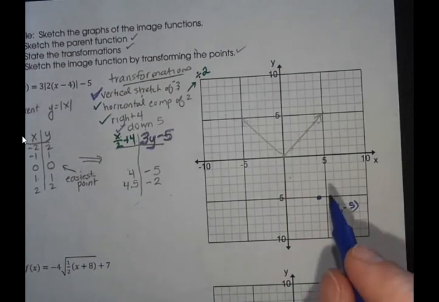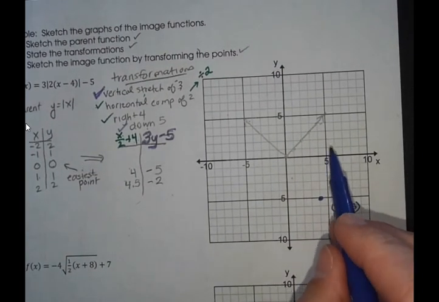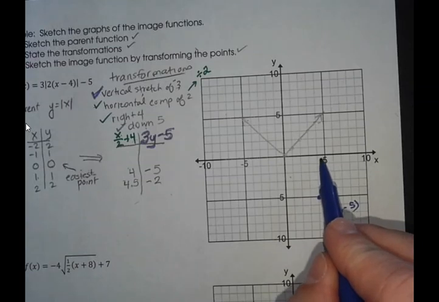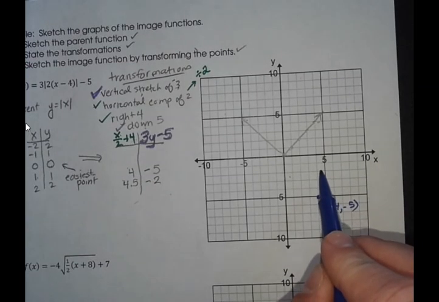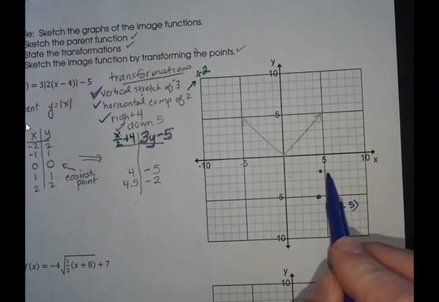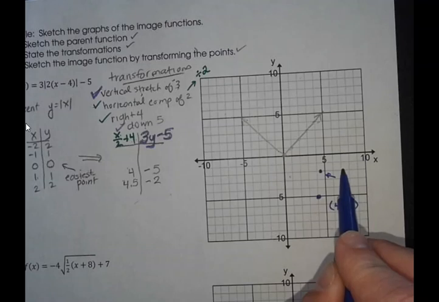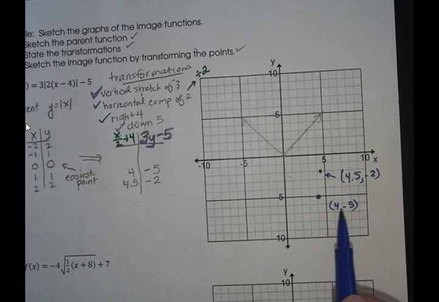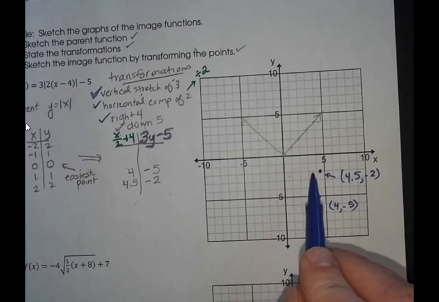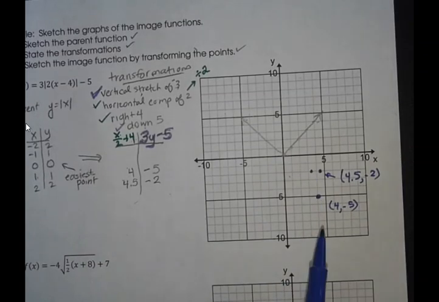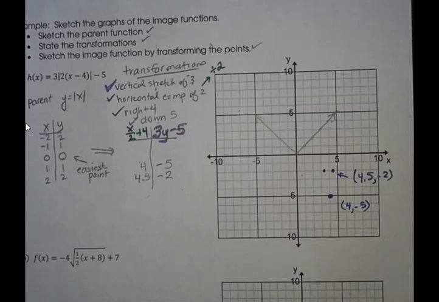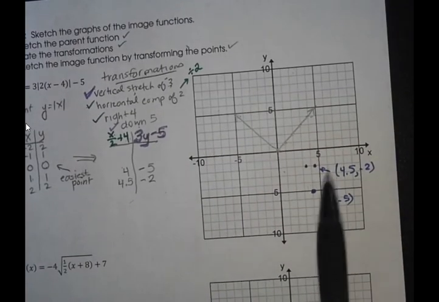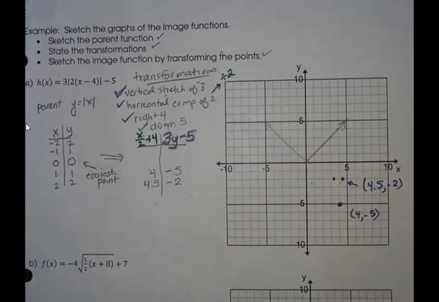So I know that at 4.5, we would be at negative 2. And likewise, if we do the same symmetrical, that's what we have. So they are symmetrical on both sides, just like the parabola will be symmetrical on both sides.